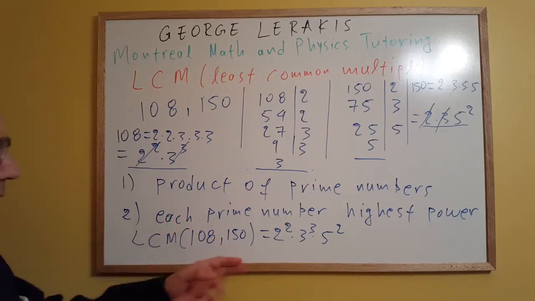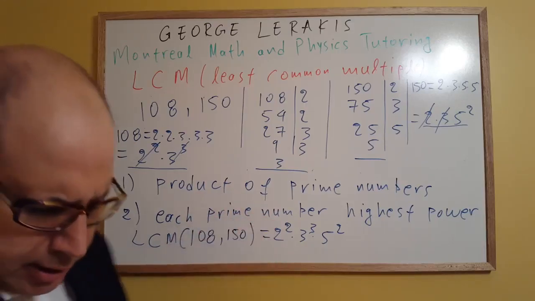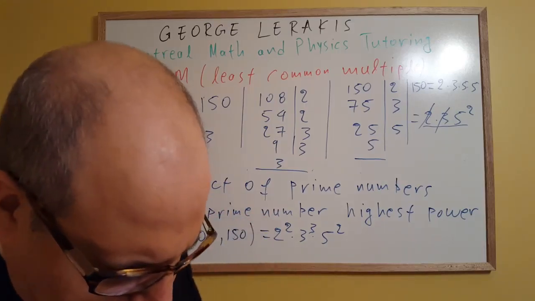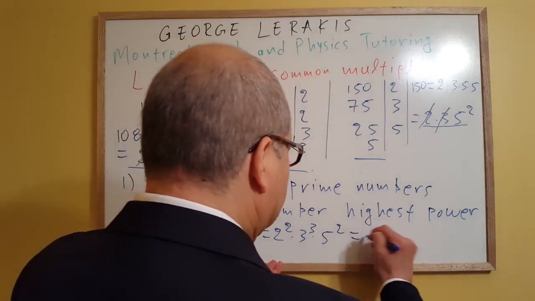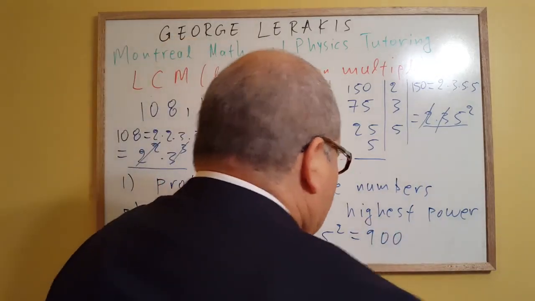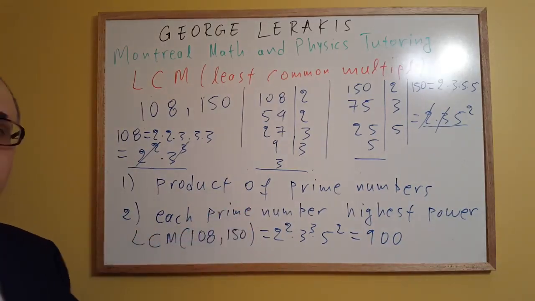So this here is the least common multiple of these two numbers, and as I calculated, it's 900.